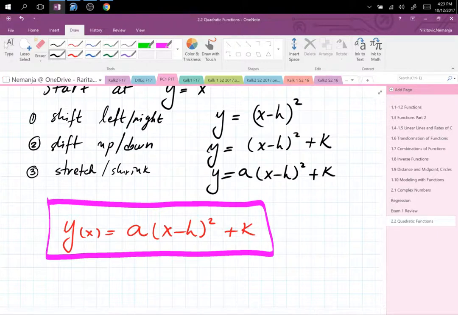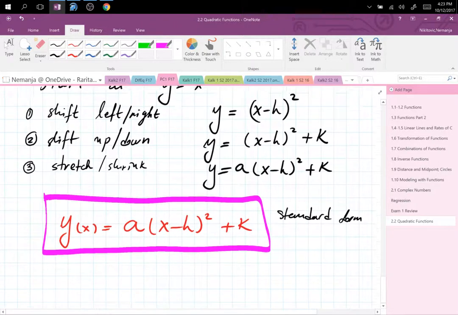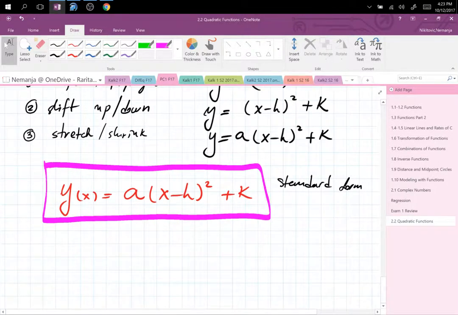Standard form. Why is this so cool? This is insanely cool form. Number 1, we see A. We see A in the other form as well.